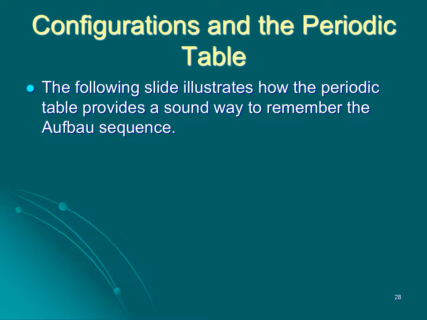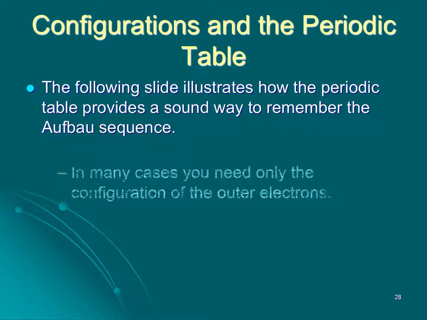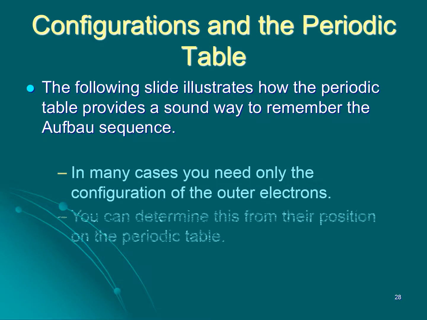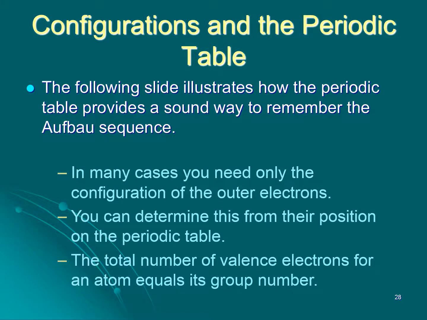So I already showed you this a little bit, but again, looking at the periodic table one more time, this is how we can remember the Aufbau sequence. Remember that you really only need the configuration of the outer electrons, and we can determine this from their position on the periodic table. And then the total number of valence electrons equals its group number if you use the A group series.